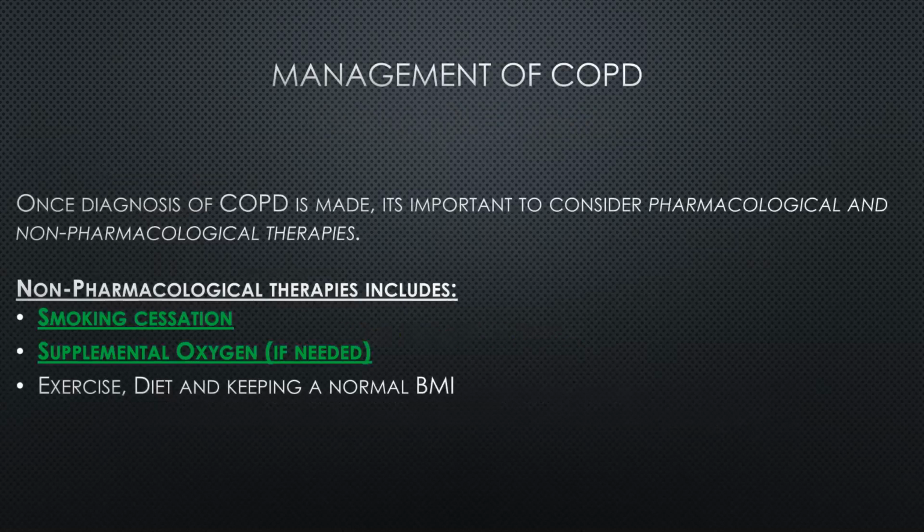So once the diagnosis of COPD is made based on spirometry and clinical diagnosis, you consider pharmacological and non-pharmacological therapies. The non-pharmacological therapies include smoking cessation, supplemental oxygen if they require it, and encouraging exercise, keeping a normal BMI, diet.